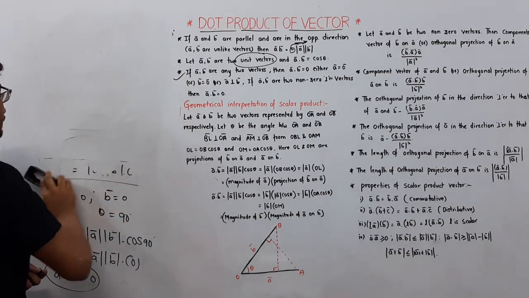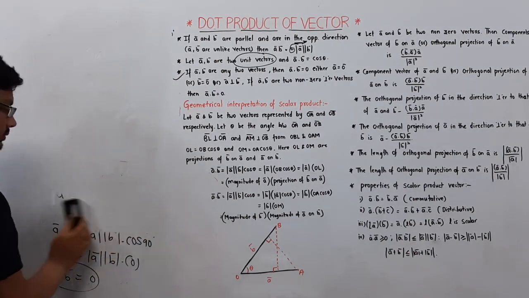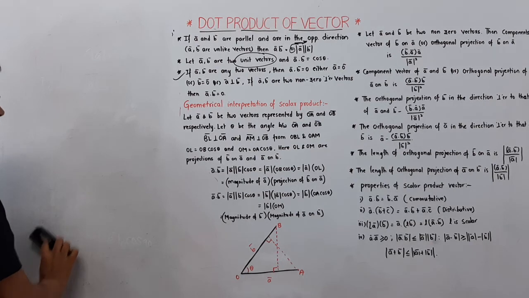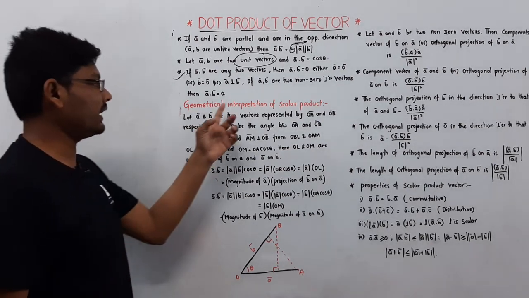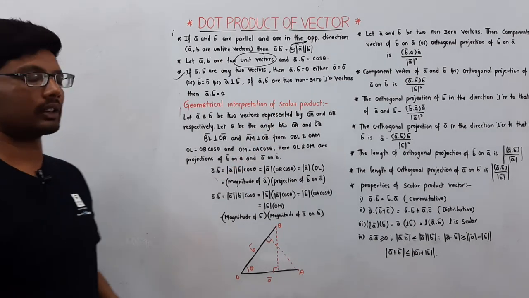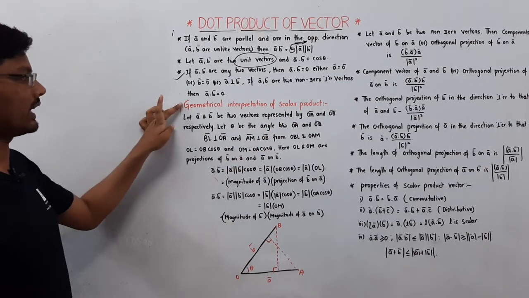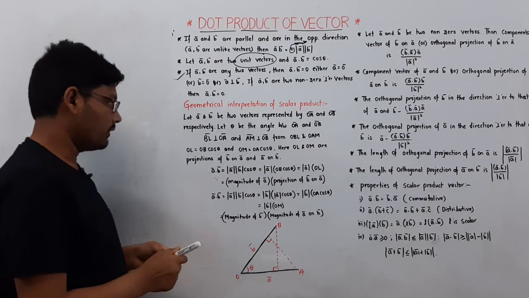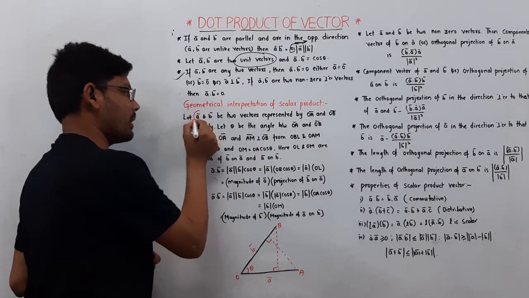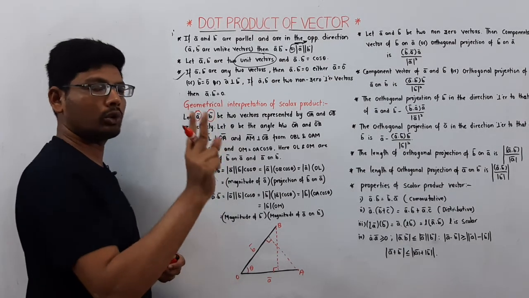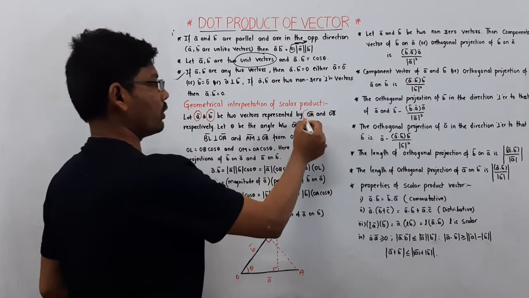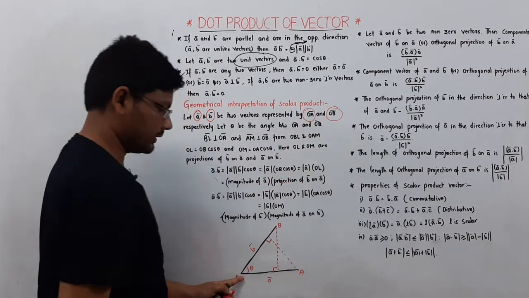Now the geometrical interpretation of scalar product of vectors. First of all, here we are taking A bar and B bar as two vectors represented by OA bar and OB bar in this diagram.